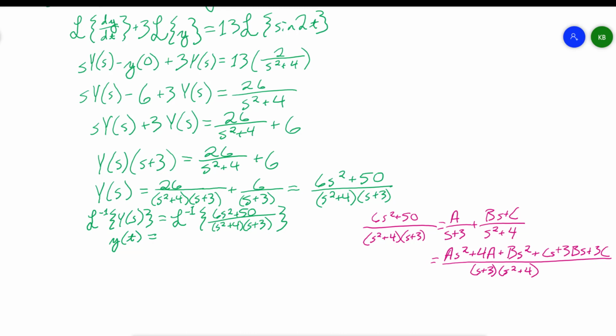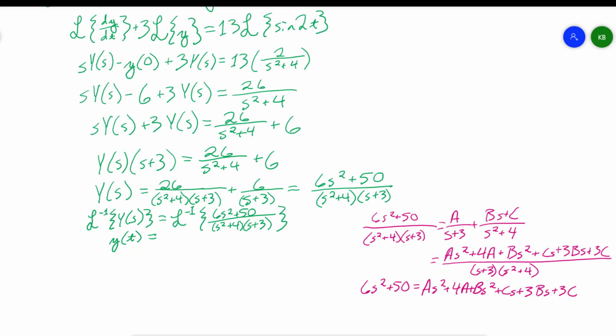Now, my denominators are the same, so what I really have here is 6s squared plus 50 equals A s squared plus 4A plus B s squared plus C s plus 3B s plus 3C.